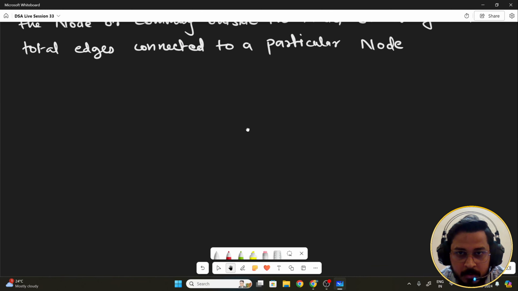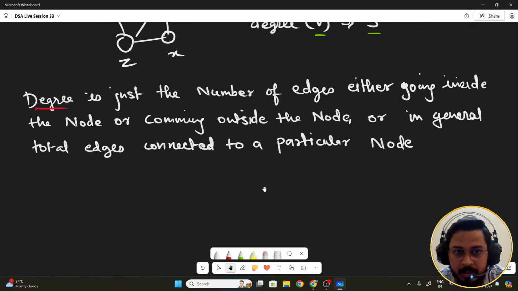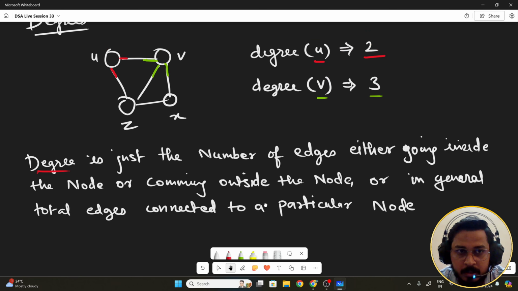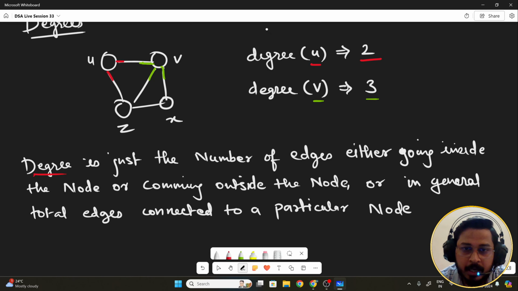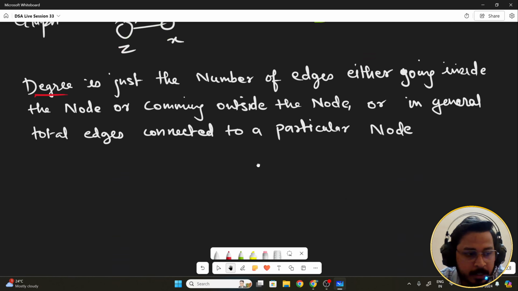Now we are talking about degrees, and here we talked about degrees in an undirected graph. Okay. Now we are going to talk about directed graph.